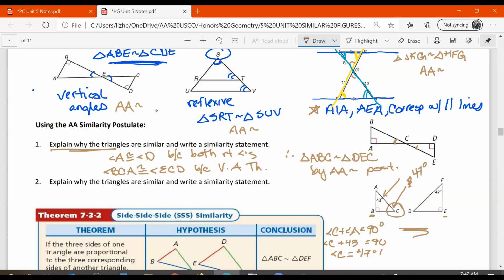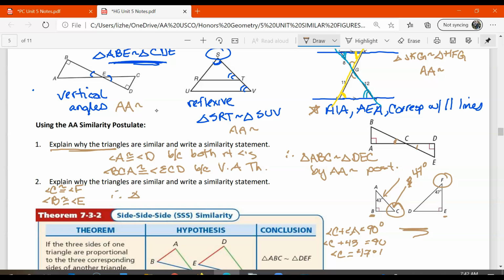So since C is 47 and F is 47, and B and E are both right angles, I have similar triangles. So now I need to write that out. So I'm going to say angle C is congruent to angle F. And then I'm also going to say angle B is congruent to angle E because they're both right angles.